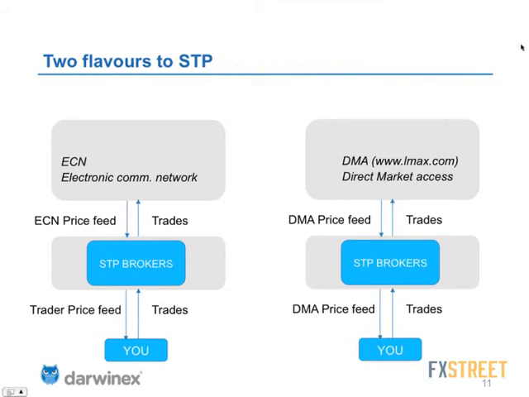So when it comes to STP brokers, or straight through processing brokers, which process your trade straight to the market, there are two flavors of market where your trade is landing. It could be that your STP broker is connected to an ECN, an electronic communications network, which is basically the best price that you can get on the bid and on the ask from all the different banks that are providing liquidity to that network.